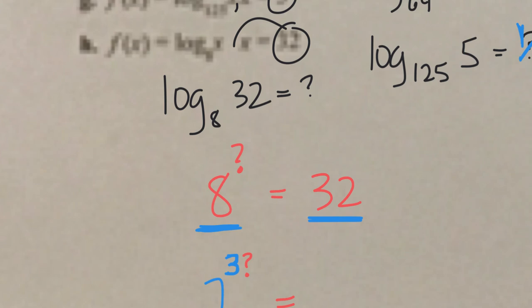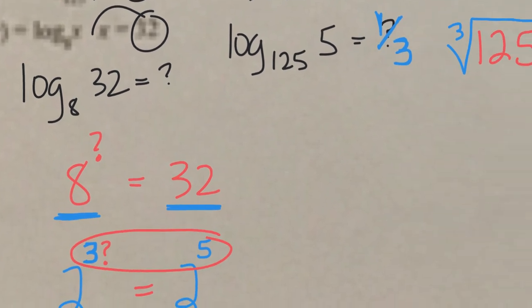So 32, as we discovered up above in the first problem, is 2 to the 5th power. If we can express our two numbers with the same bases, then that means the exponents must be equal. If the bases are the same, then the exponents have to be equal.